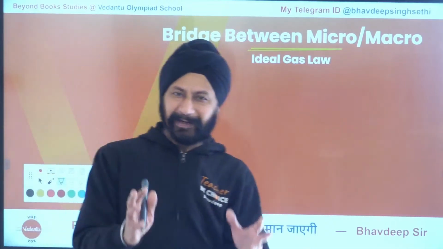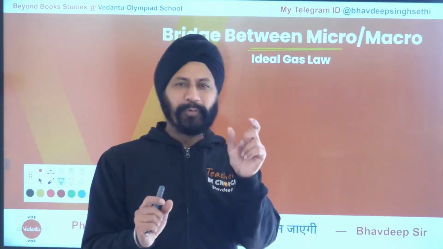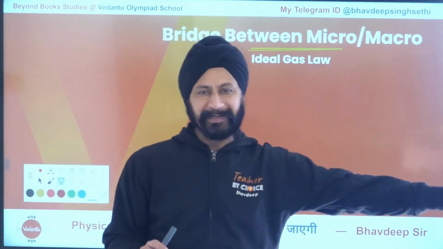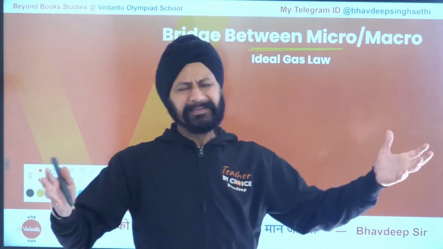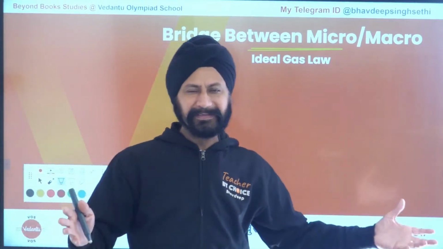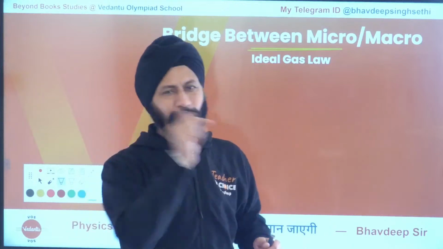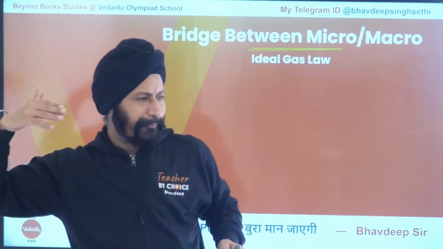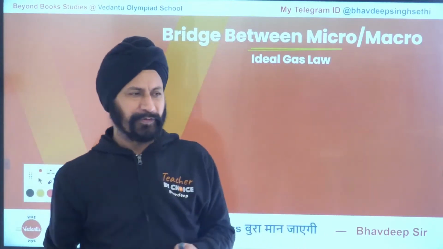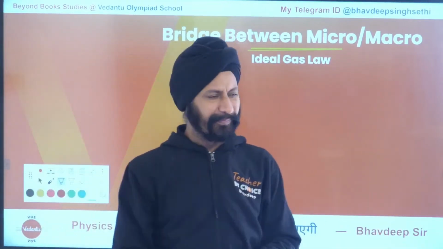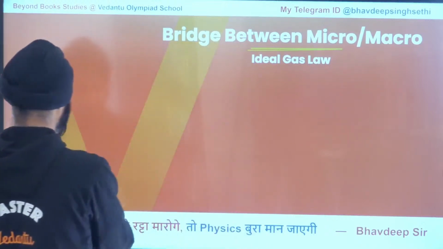Experimentally, we know the product of pressure and volume is proportional to the temperature, and it's all common sense. I have taken other sessions on that. The more the velocity of the molecules, the more the collisions, and the more the impact of those collisions on the wall, so the more the pressure. So temperature and pressure are directly proportional, and we have spoken about that many times.